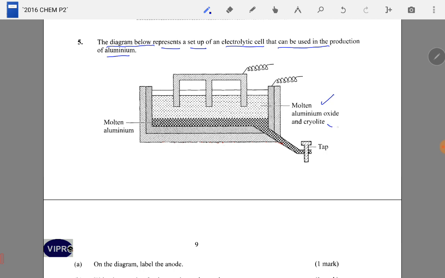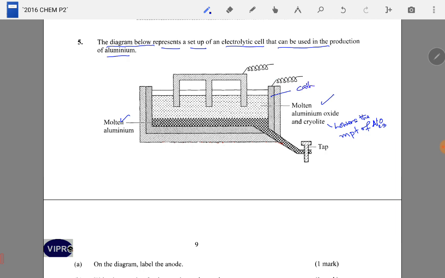Cryolite, you remember, this lowers the melting point of aluminium oxide. We have molten aluminium that has already been electrolyzed.